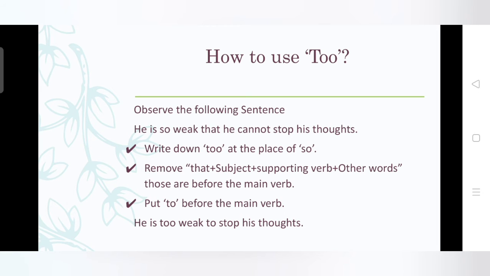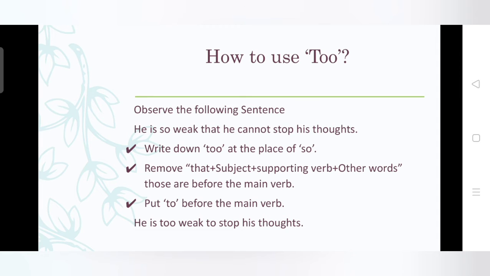So I am removing that, I am removing he, I am removing can, and I am removing not. Now the next thing is, put to before the main verb. The main verb here is stop. I should use the word to before the main verb stop. The sentence will become, he is too weak to stop his thoughts.